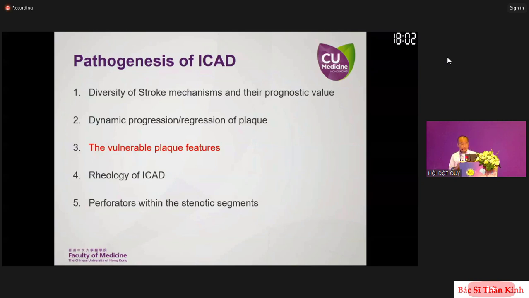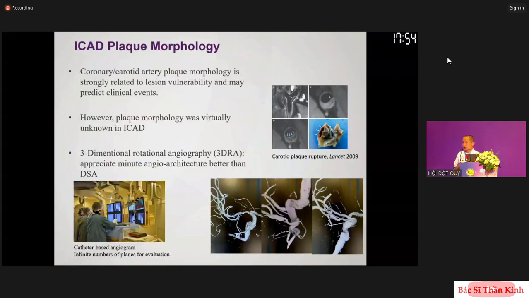So the third important pathogenic aspect will be the vulnerability of the plaque. So in carotid artery disease or coronary artery disease, morphology is very important. And some morphological features are actually strongly related to the lesion vulnerability and may predict clinical events. However, the plaque morphology was virtually unknown in ICAD.